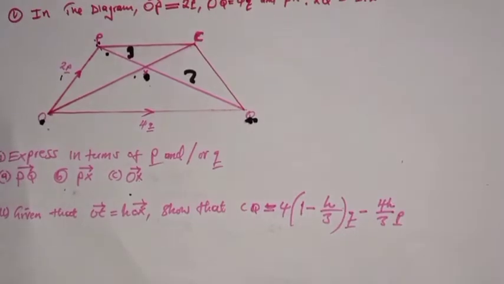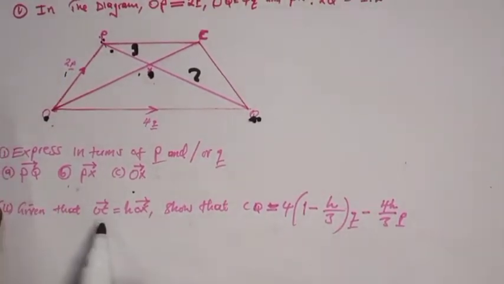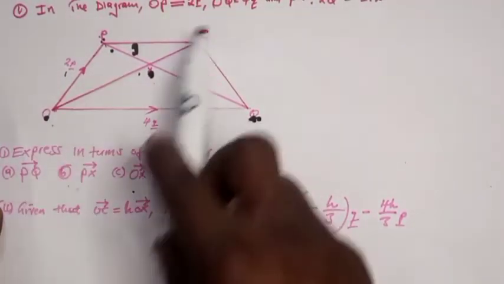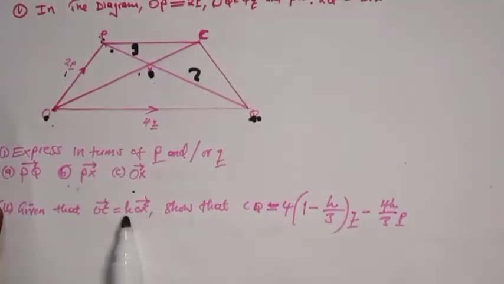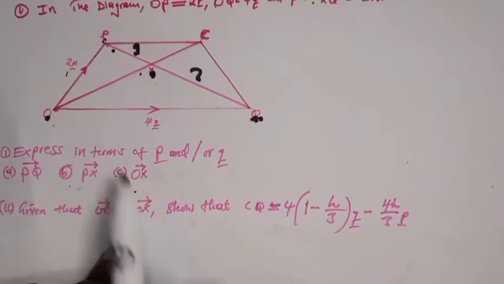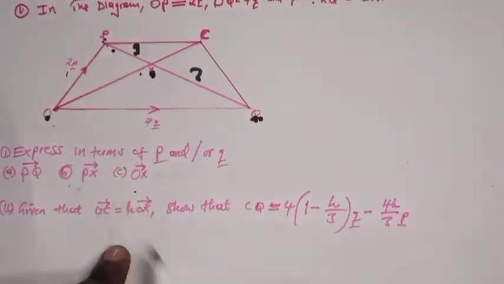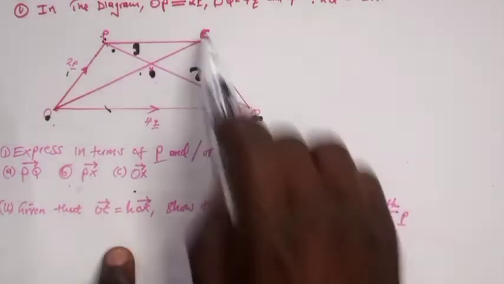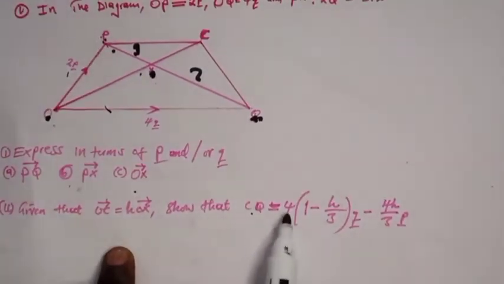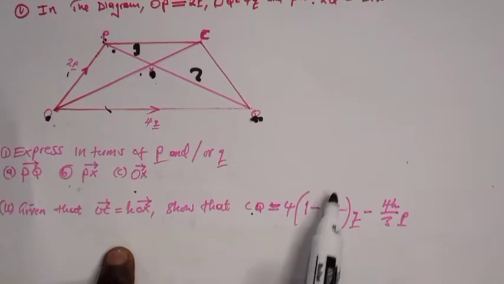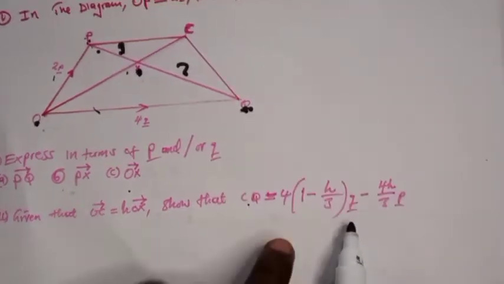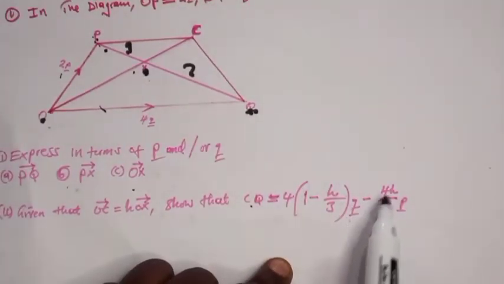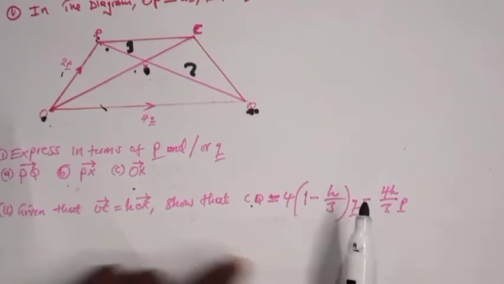So now let's try to prove, given that OC is equal to h, which can be any scalar, times vector OX, then show that CQ is equal to 4(1 minus h over 3)q minus 4h over 3 p. Let's find OC.